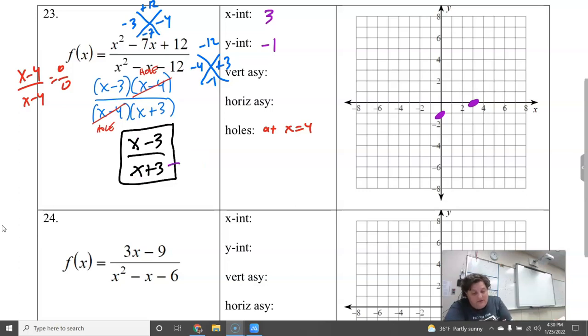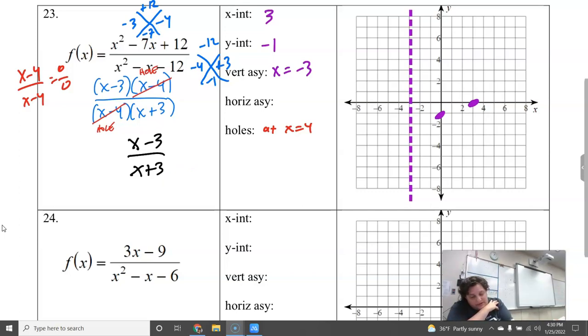Okay, vertical asymptote is when the bottom equals 0. So that is going to be at -3. So I can go ahead and draw a vertical asymptote. Let me make that a little bit bigger so you can see it better, at -3. And then my horizontal asymptote, you guys remember that you just compare the top to the bottom.